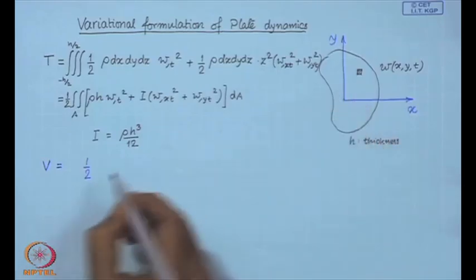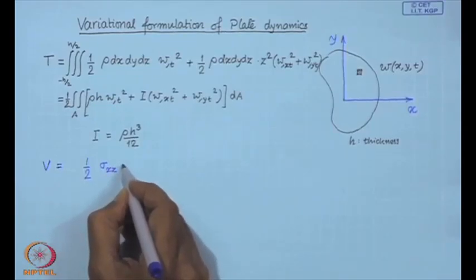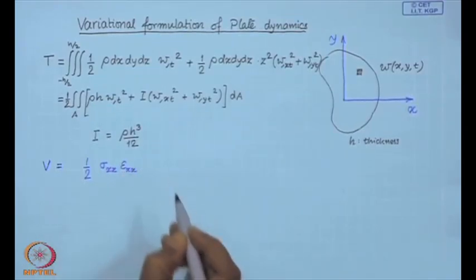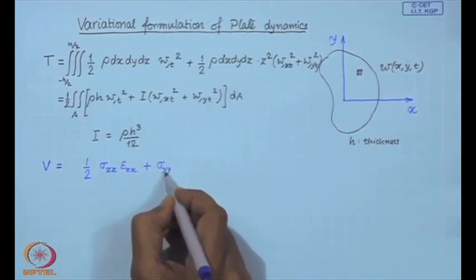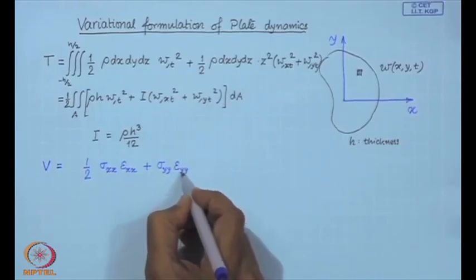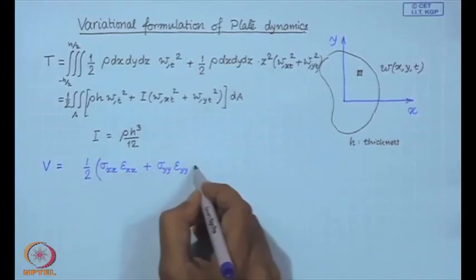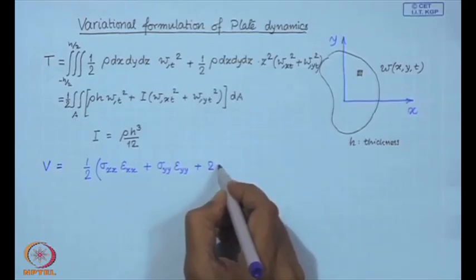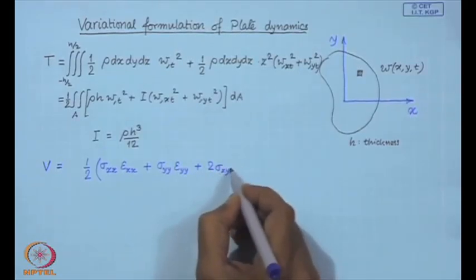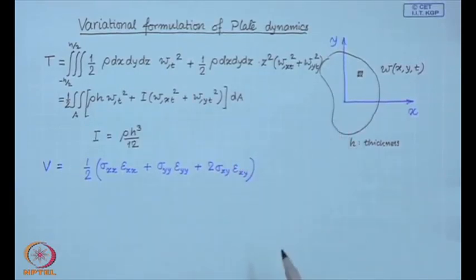So, we have the normal stress in x times the strain in x, plus the normal stress in y times the strain in y, plus 2 times the in plane shear stress and the corresponding shear strain of the element. This is per unit volume.